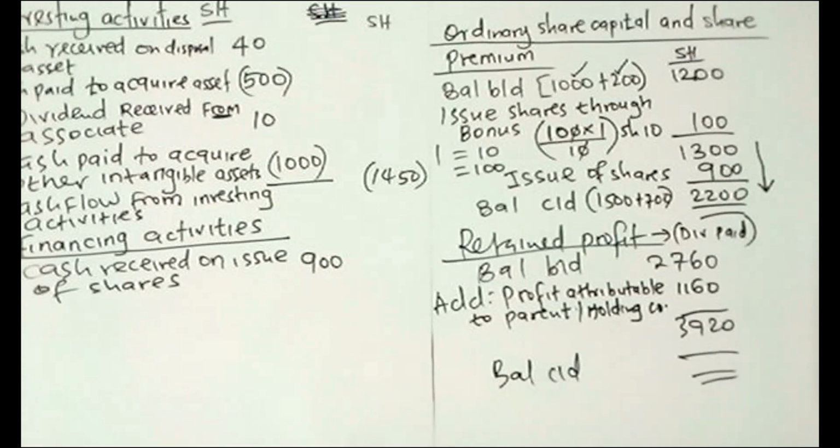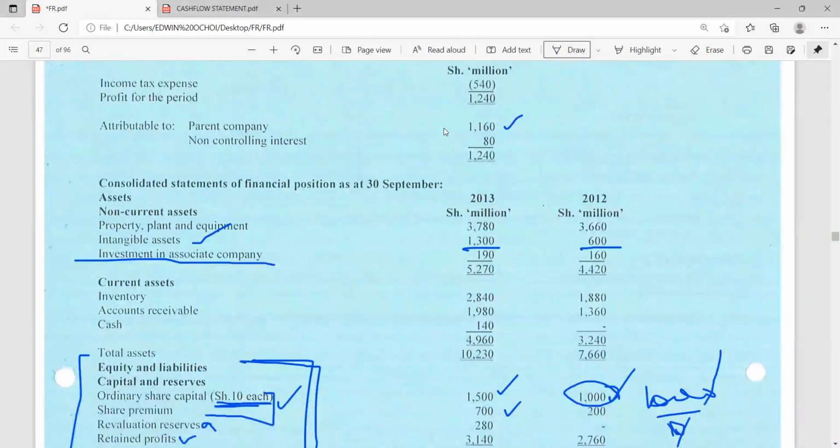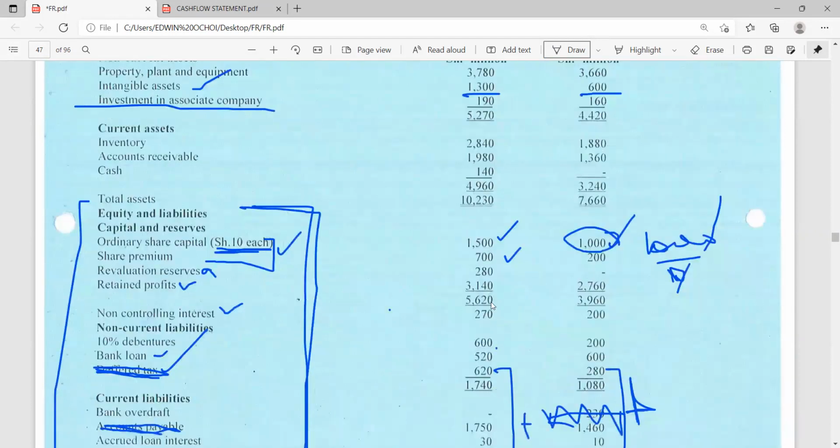The retained profit balance carried down is 3,140.